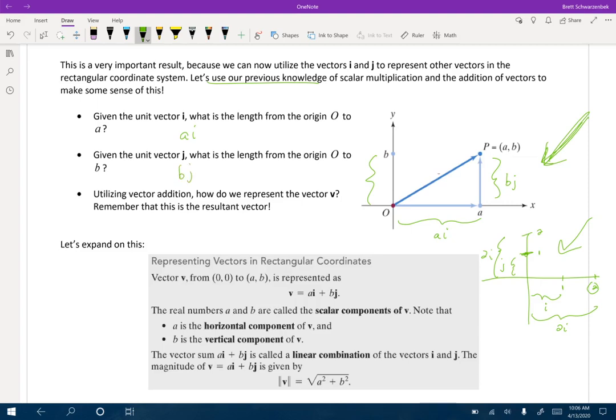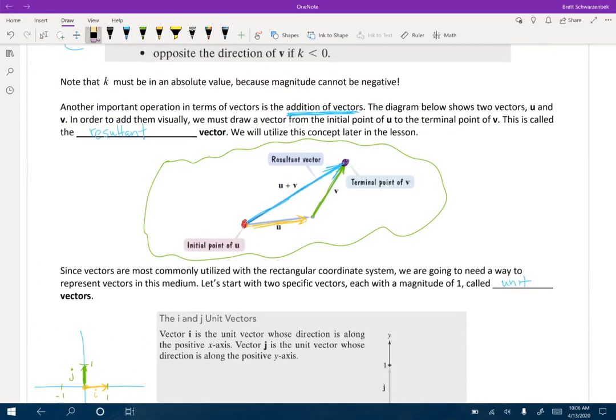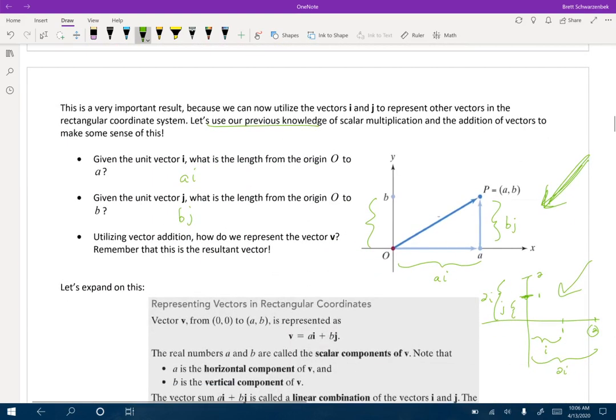If we return to this scenario, if we knew that this was ai and this was b times j, then how would we get this? Well, we would simply add them. So what is the resultant vector of this problem?